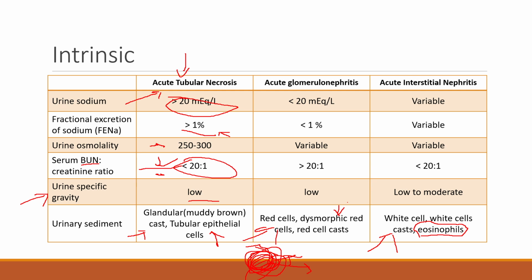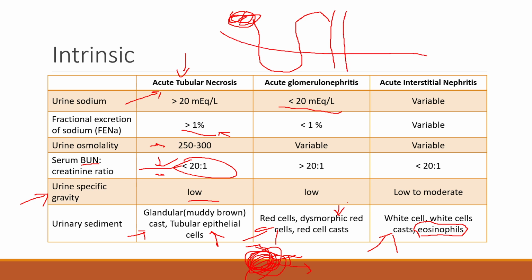And then the next one is acute glomerulonephritis. Different from acute tubular necrosis, the urine sodium is gonna be low in this case. Why? Because if you still remember the anatomy of the nephron, I hope you can understand by my poor drawing.